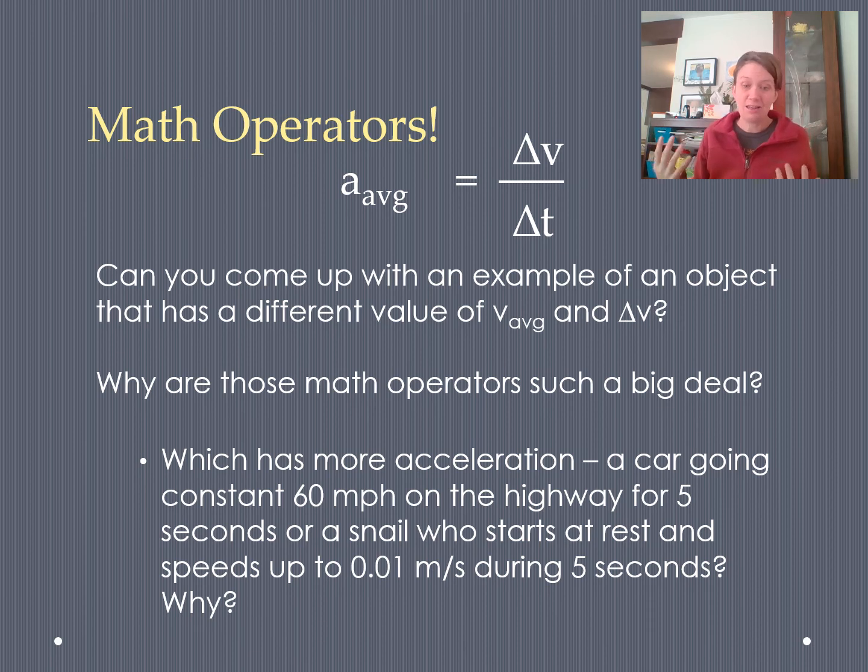On the other hand, the snail has a delta V of 0.01 meters every second because it's speeding up from rest, which means that the snail, even though it's so much slower than the car, actually has more acceleration than the car because its speed is changing more. And that's why it's so important to pay attention to the math operators. Because most people, if you asked who has more acceleration, a car or a snail, they're going to say the snail for sure, or sorry, the car for sure. But there are cases where the car can have no acceleration and the snail might be accelerating more.